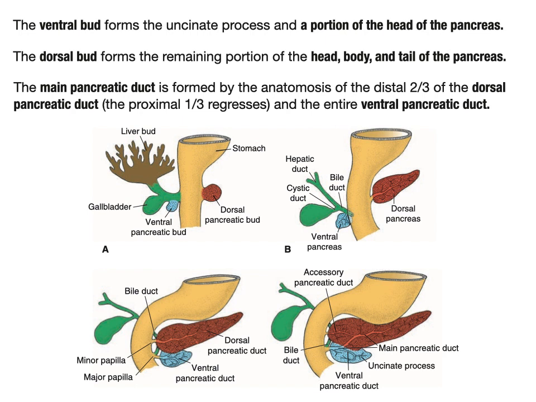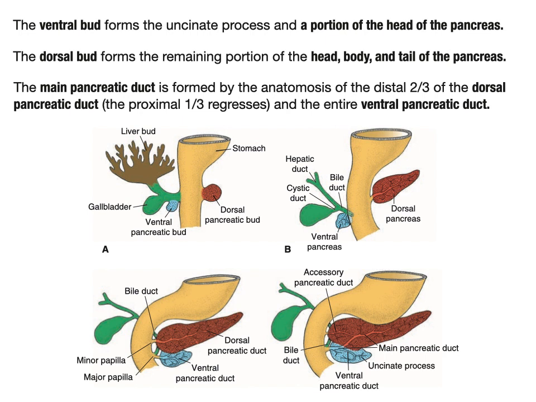As you can see in this sequence of images, the ventral bud in blue forms the uncinate process and a portion of the head of the pancreas, while the dorsal bud in red forms the rest of the head, body, and tail of the pancreas.